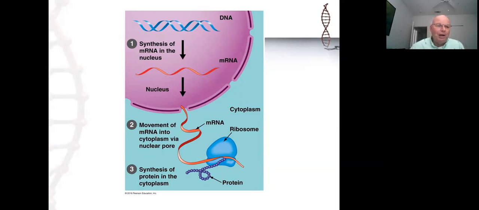If the polypeptide is not intended to enter the endomembrane system, then the ribosome stays in the cytoplasm. However, if the polypeptide is intended to enter the endomembrane system, then the ribosome moves down to the surface of the rough endoplasmic reticulum.